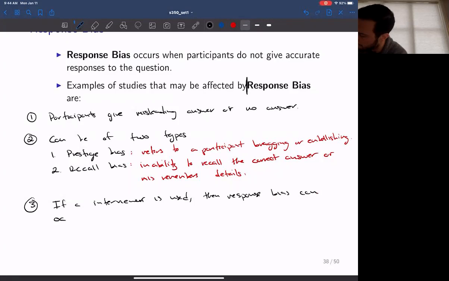So if there is an interviewer, response bias can occur for the measurement error style points that we made earlier. For example, the interviewer writing down the wrong information or misremembering a question.